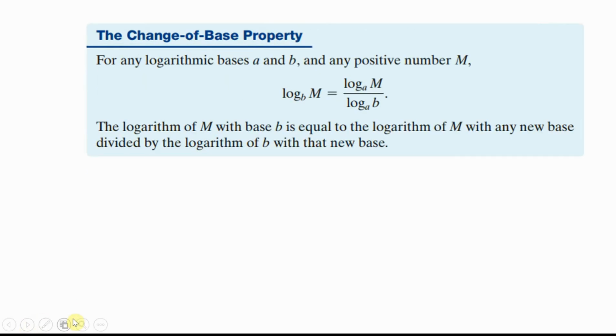And then the last thing in this section is the change of base. What base are we talking about? We want to change from b to a, if b is a base that we cannot calculate on our calculator.